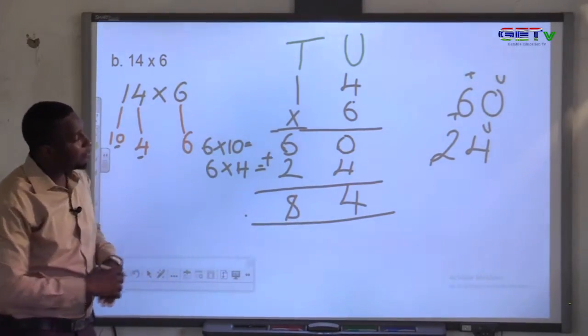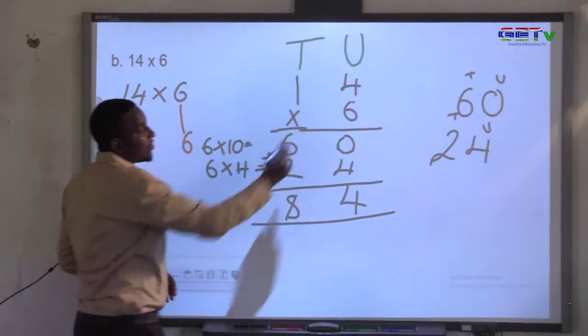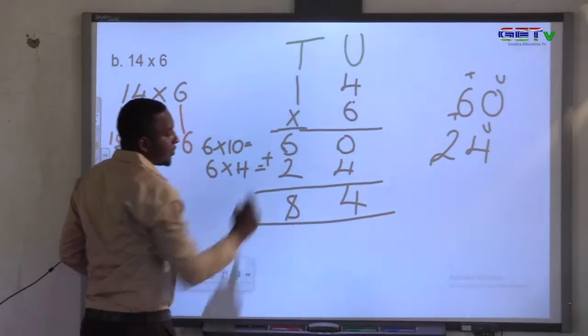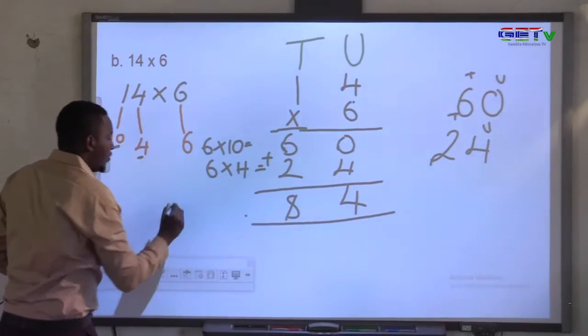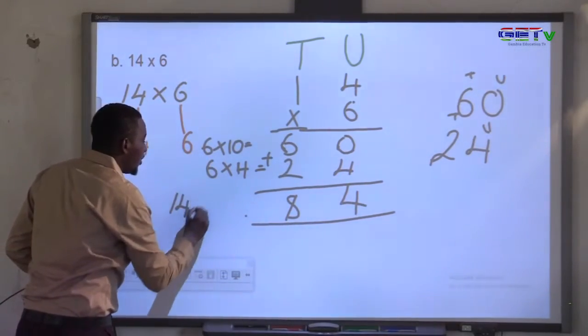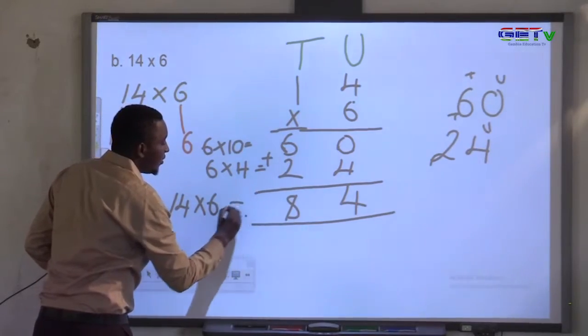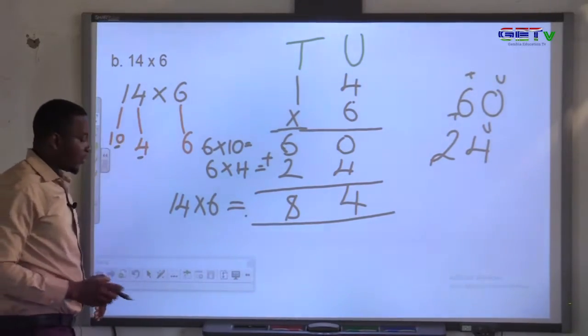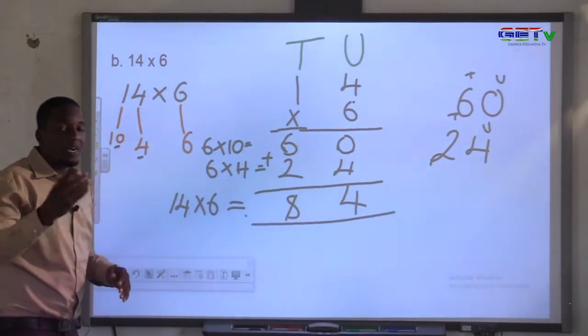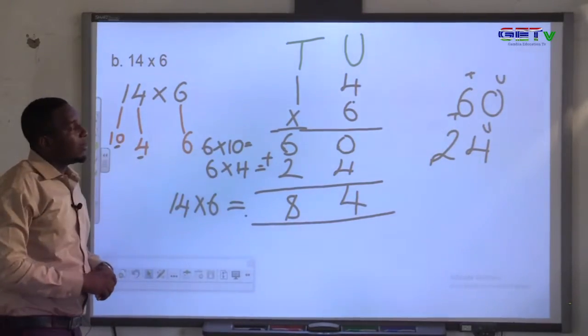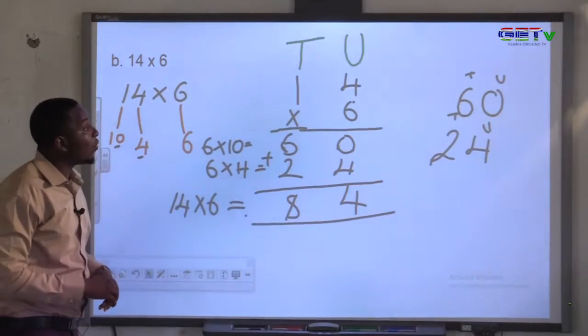We realize that when you multiply 6 by 14, the answer is 84. 14 multiplied by 6 is equal to 84. Well, that was just a quick recap that we wanted to do about multiplying 2 digits by 1 digit number.